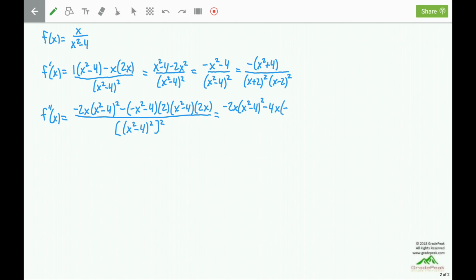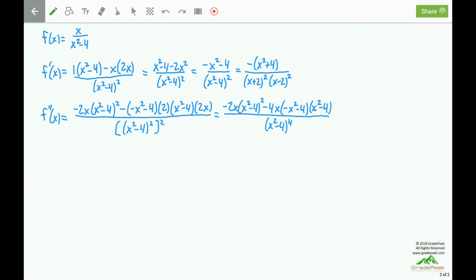There is a negative x squared minus 4. And there is a positive x squared minus 4. All of this is divided by x squared minus 4 squared and then squared again. If we raise a power and raise again, in this case we multiply the exponents. 2 times 2 is 4.